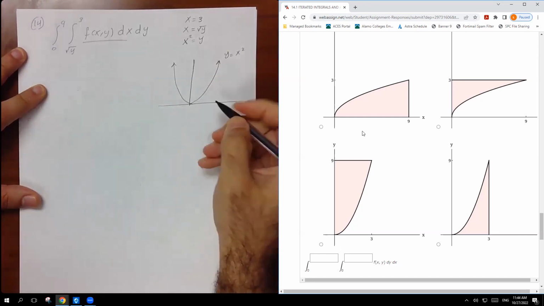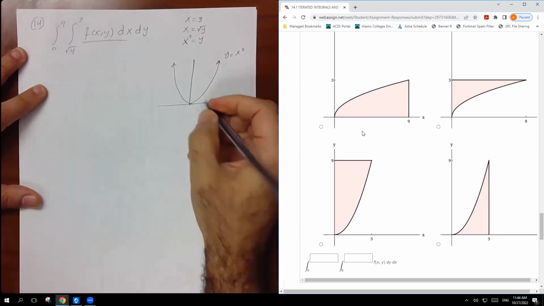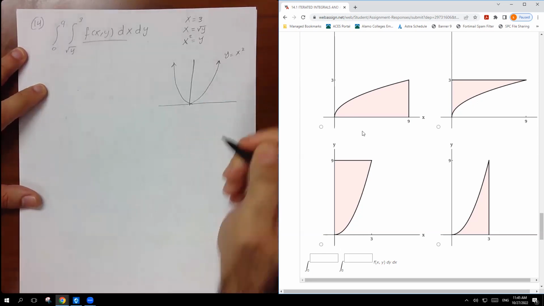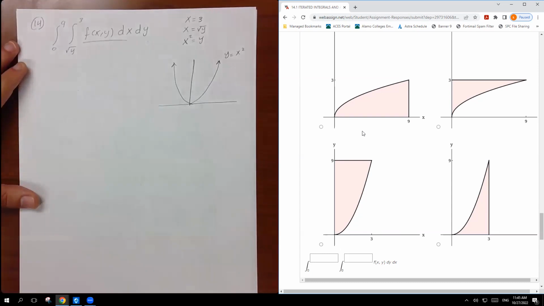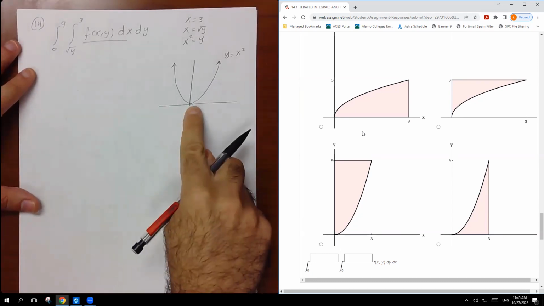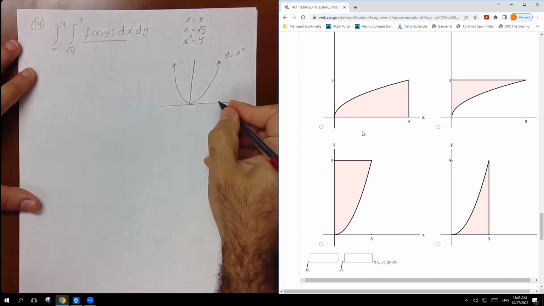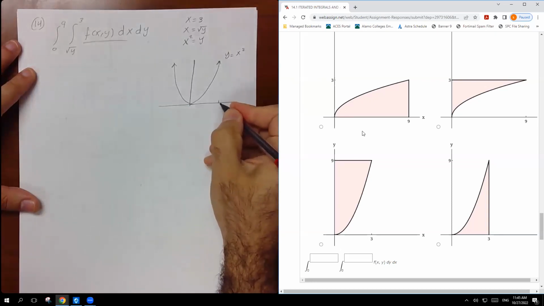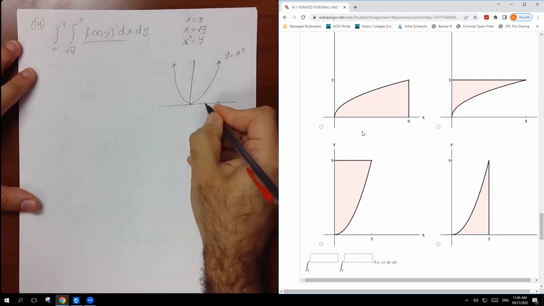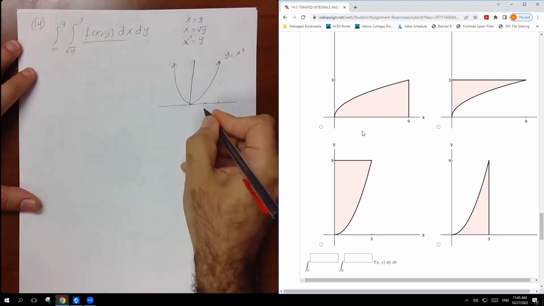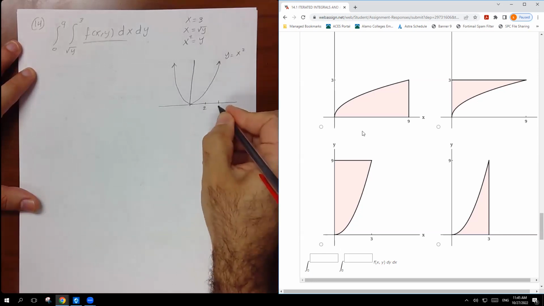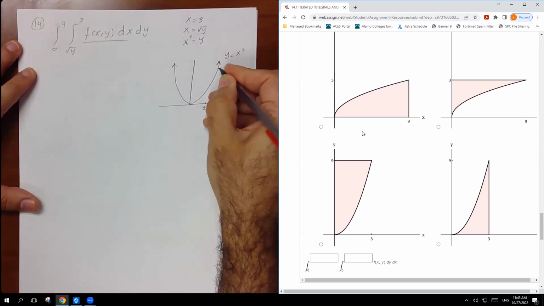And on the parabola, at 1 the value is 1, and at 2 it's going to be 4. Now this is on the boundary, the other one with x equals 3. At 3 it's going to be 9. So to graph the parabola, at the point 2 it's 4, at the point 3 it's going to be 9.